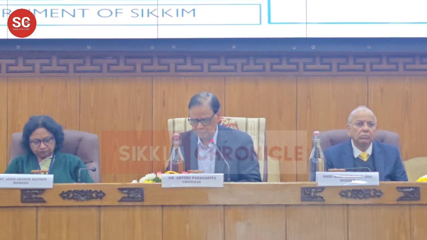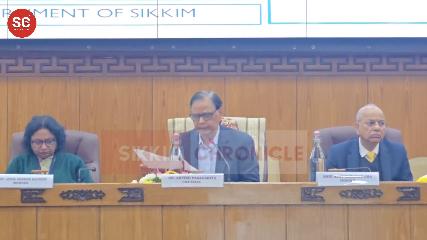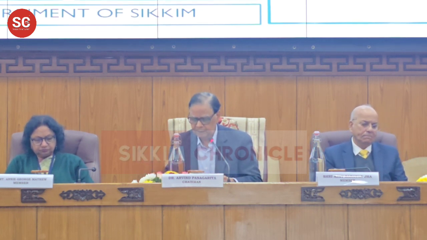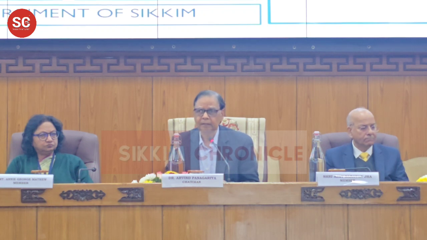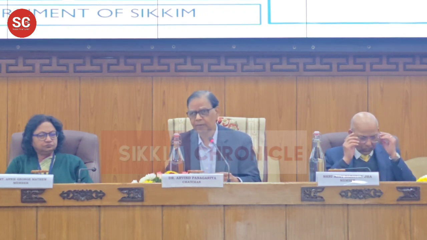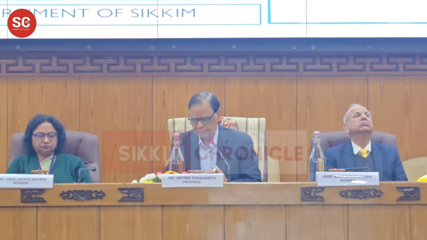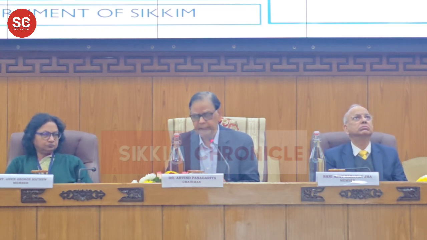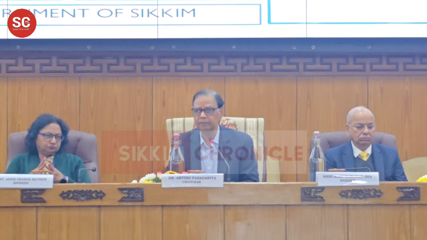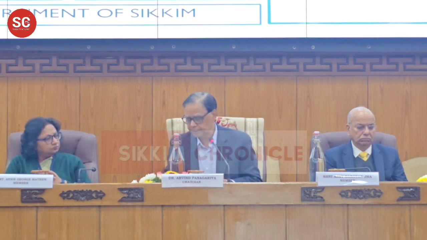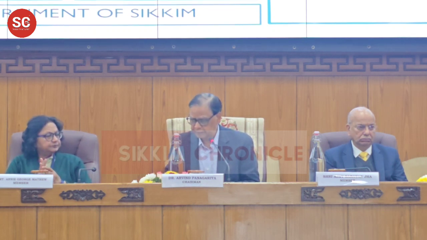On horizontal devolution, the state of Sikkim gave a slightly different set of criteria than the ones that were given by the 15th Finance Commission. What I will do very quickly is to tell you what the 15th Finance Commission recommended and what the Sikkim government's recommendation is.